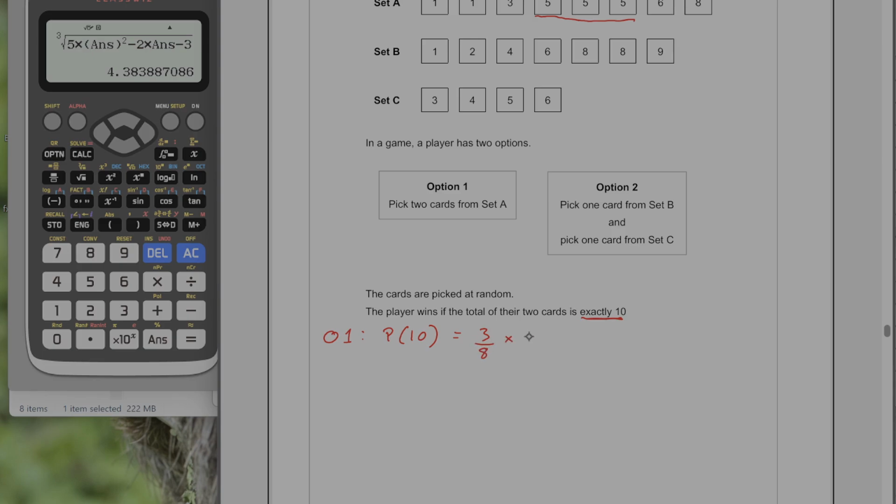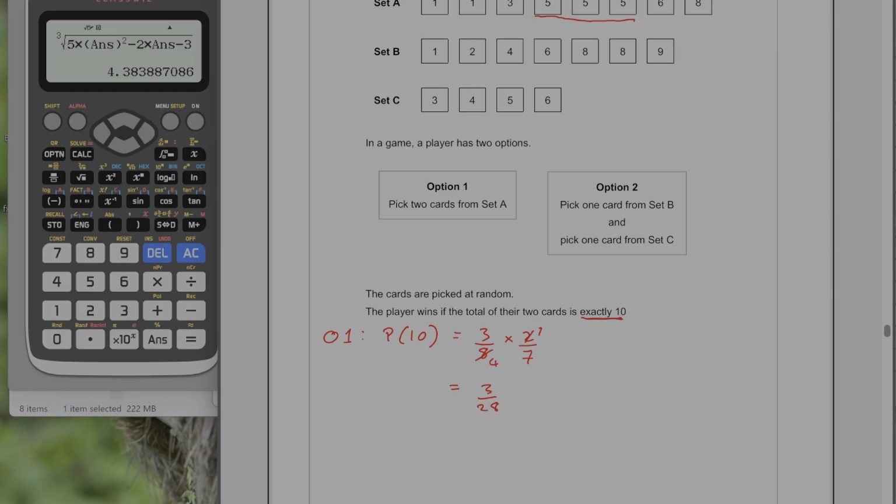And then the second time, there aren't 3 5s, there are only 2, and there aren't 8 cards, there are only 7. So that's going to be 2 over 7. So the probability is 3 over 28.